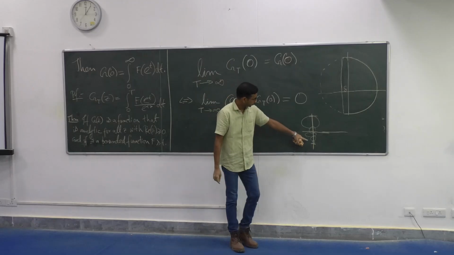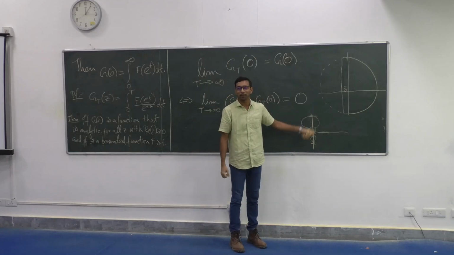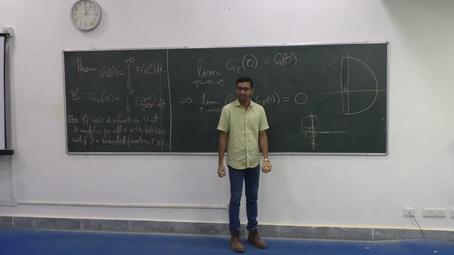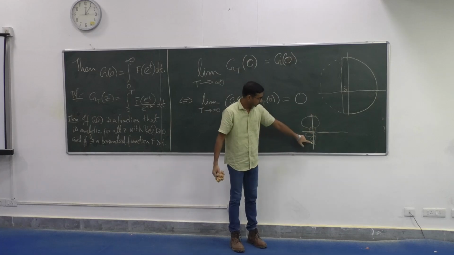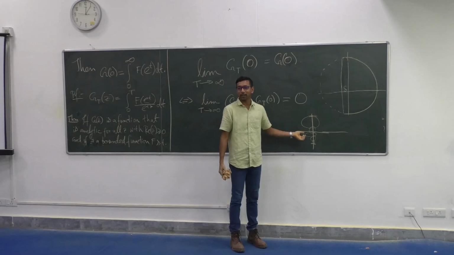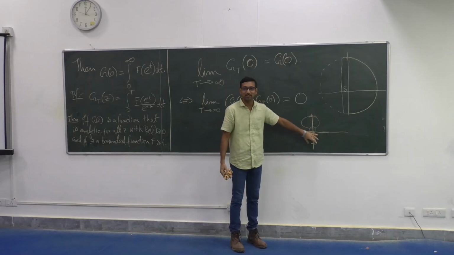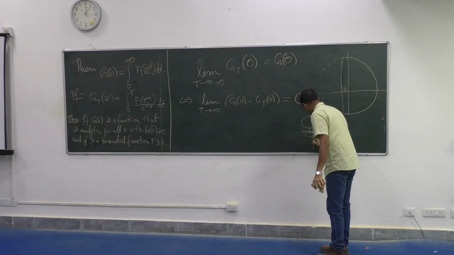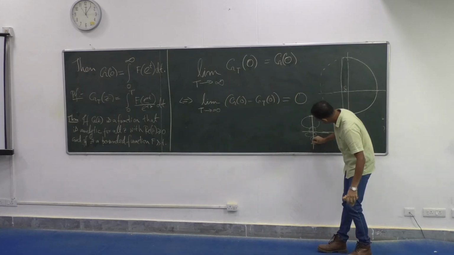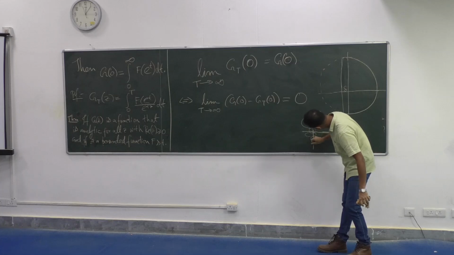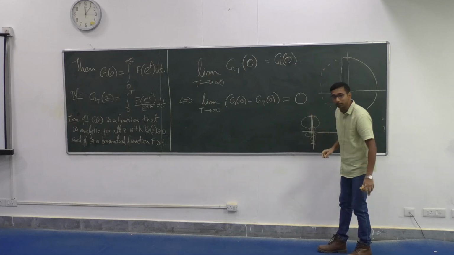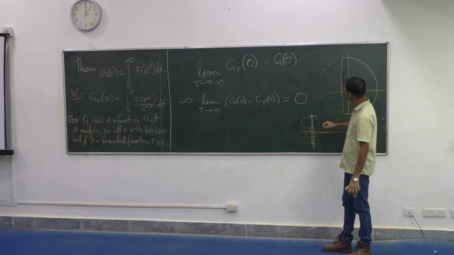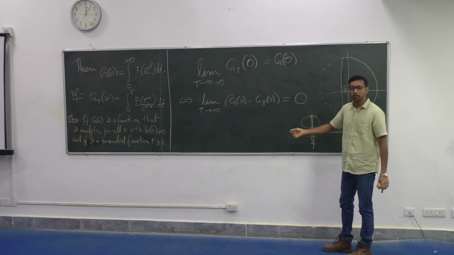Since it's a compact region, there is a finite subcover. Now take the smallest radius of the open ball around the points in which the function is analytic. If that smallest radius is delta, then you can shift this line a little bit by delta, and on that, the function g continues to be analytic.